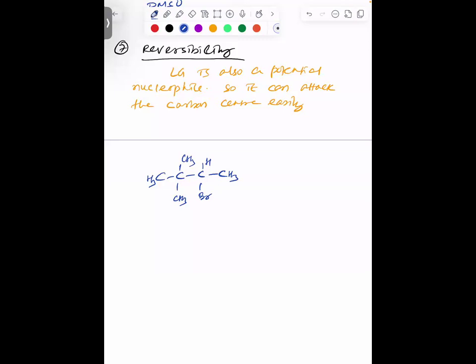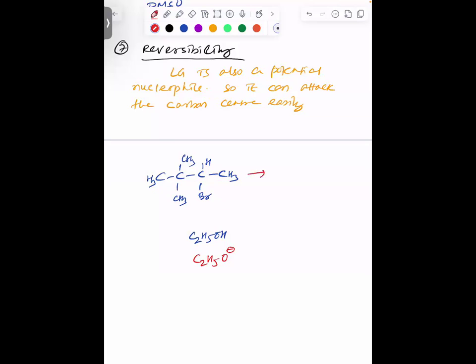Now the nucleophile of this ethanol is C2H5OH. So which one will be the nucleophile? The nucleophile is C2H5O minus. Then which product will be formed?